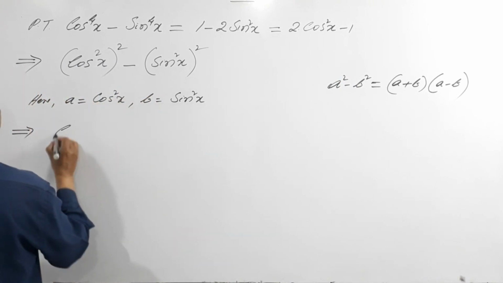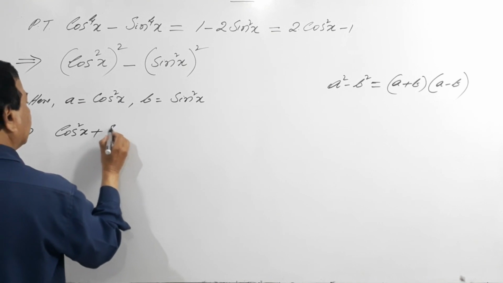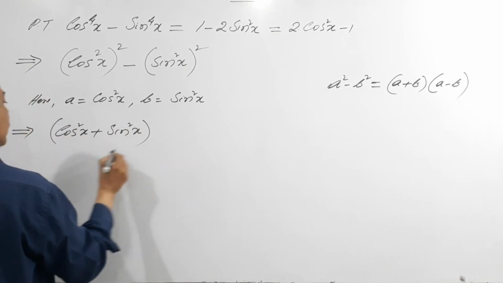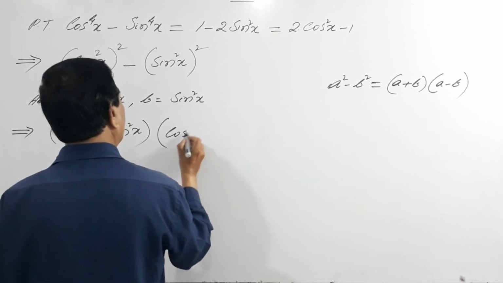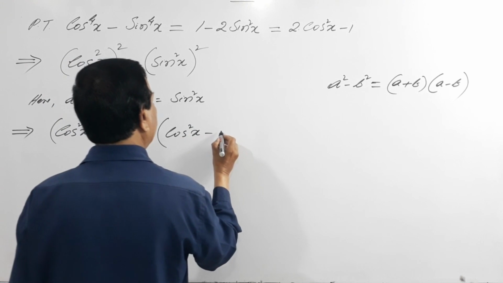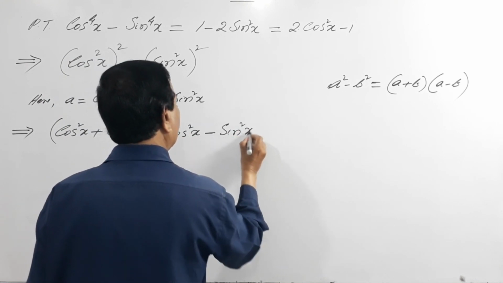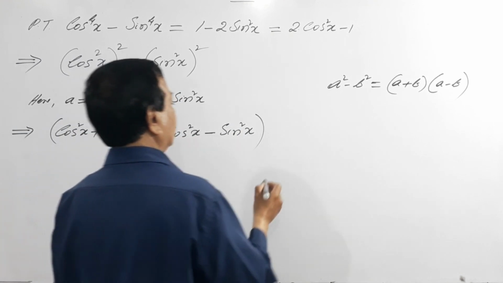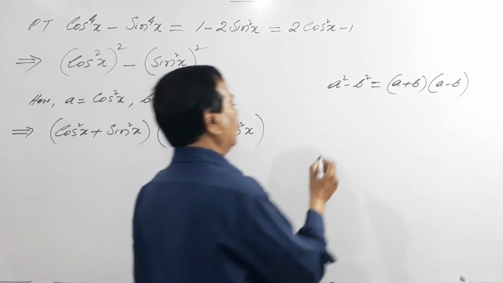That is, cos स्क्वायर एक्स प्लस sin स्क्वायर एक्स इंटू cos square x minus sin square x. So we know that also what?